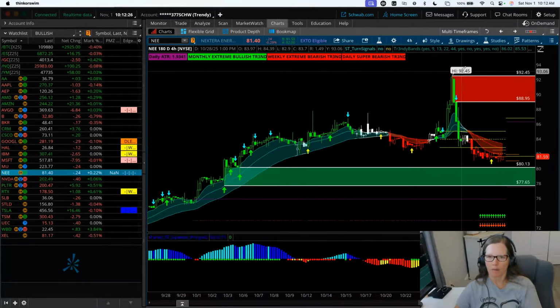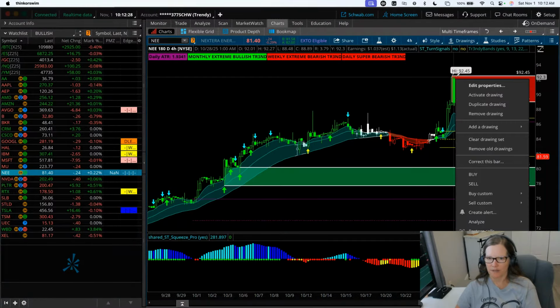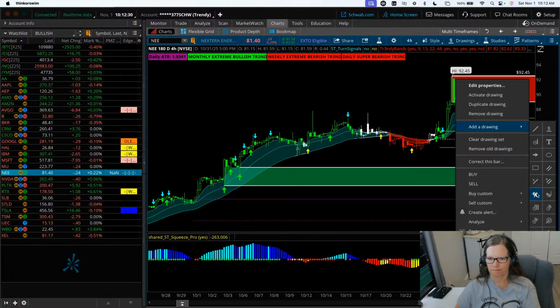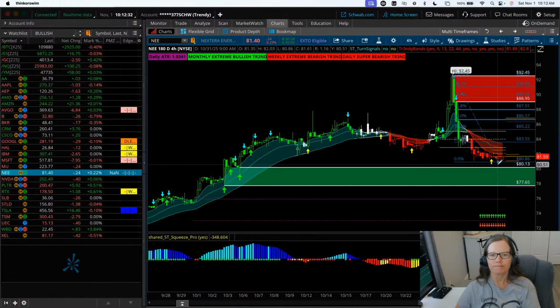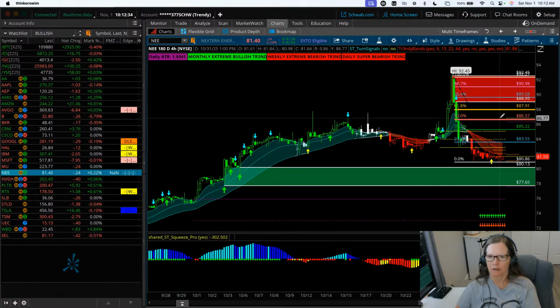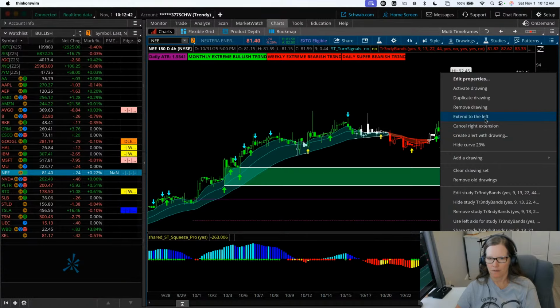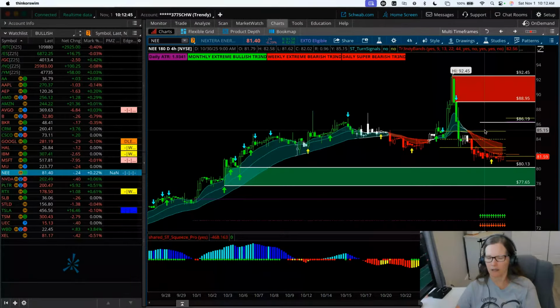All right. But let's run some fibs of this down move. Oh, well, I have upper monthly and weekly right here at this 50 anyway. All right. So that's going to be a target.